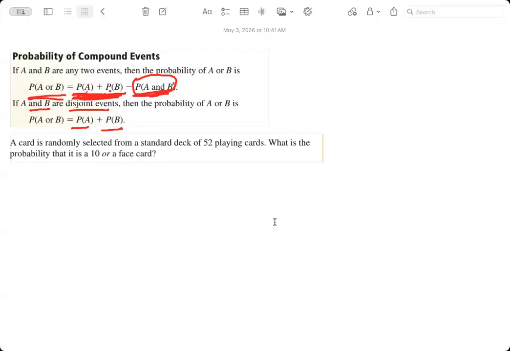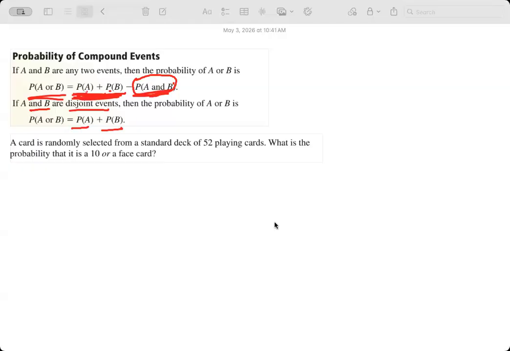Do they have intersection? What do you all think? No intersection. Choosing a 10 or a face card, a 10 can't be a face card, so there is no intersection. It is just probability of 10, 4 by 52, plus face card. How many face cards are there? 3, 6, 9, 12, right? 12 out of 52. You need to add both: 4 out of 52 plus 12 out of 52.